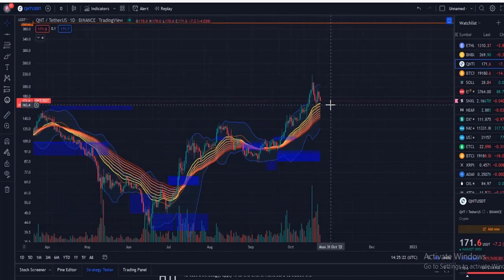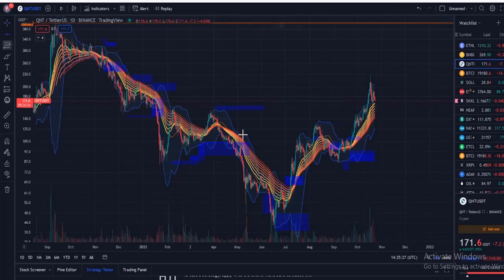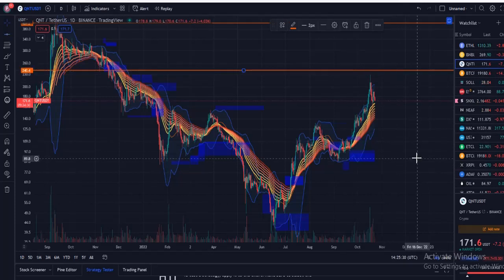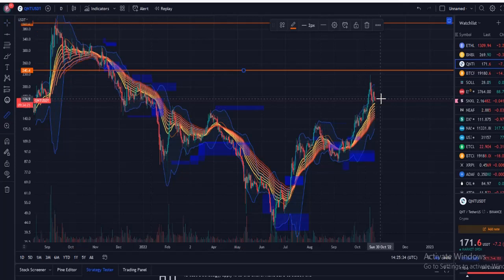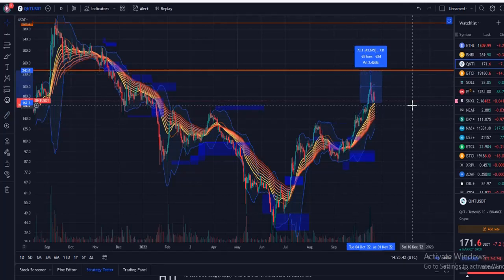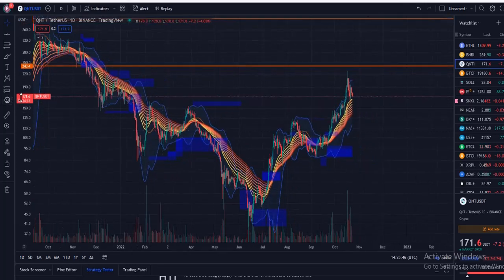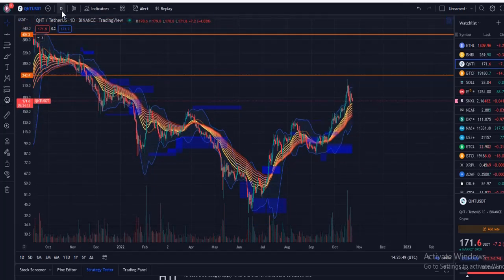As you can see, the next major resistance in the price of Quant is about the 240 region. That's about how many percent from here? That's about 45%. So our next major resistance is about 45%. So we're expecting some huge run for Quant in the next few days.